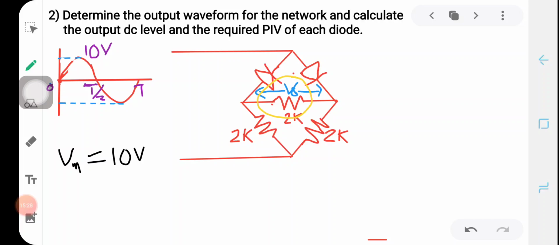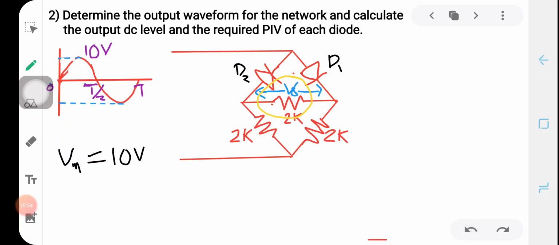So first of all, I am denoting this diode as D1 and this diode as D2, because it is not given here. For our convenience, I am just denoting the diodes D1 and D2.